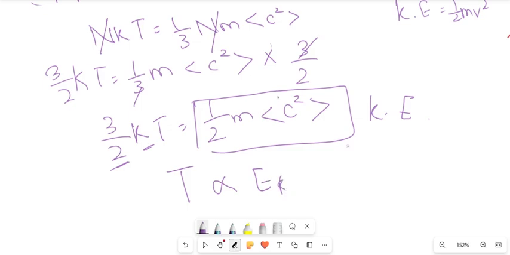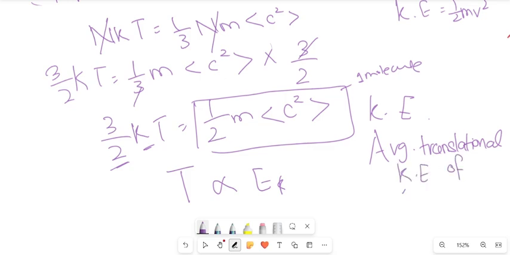This is for one molecule, right? So we are saying this is the average translational kinetic energy of one molecule.